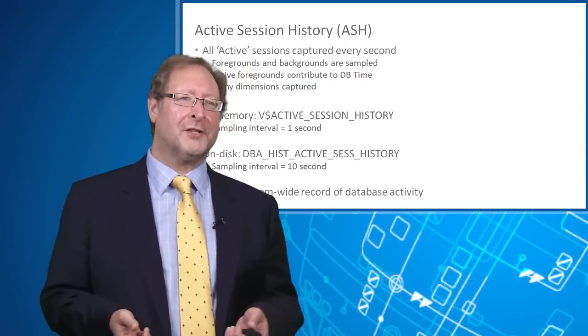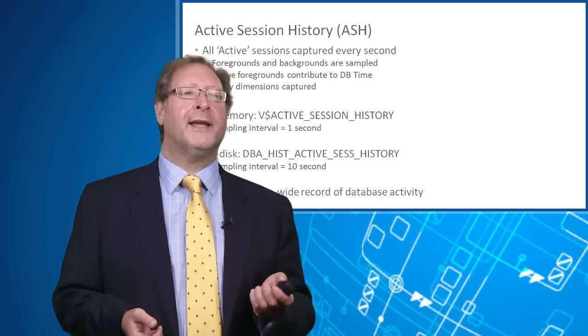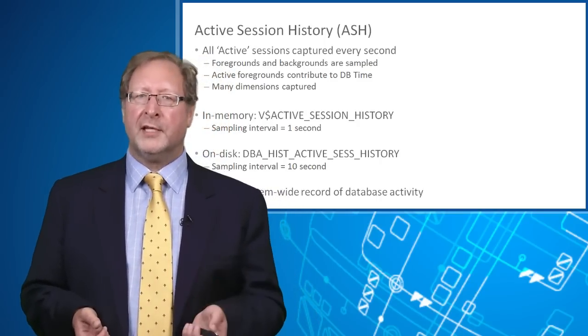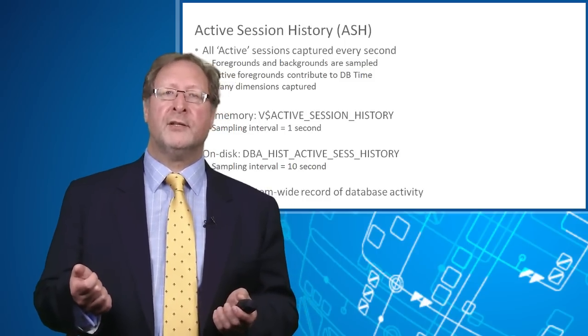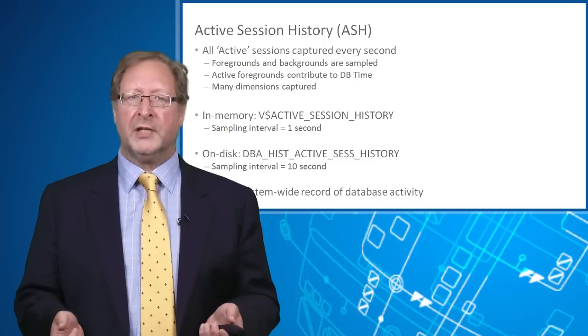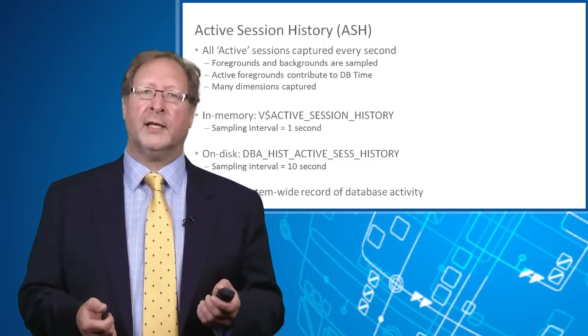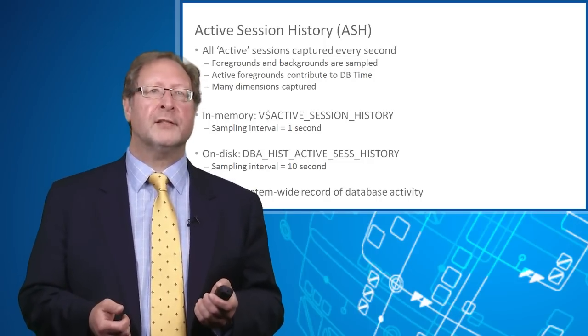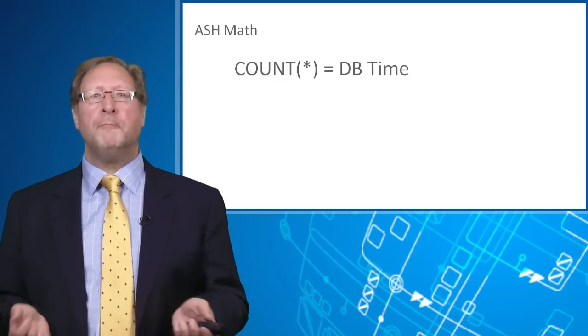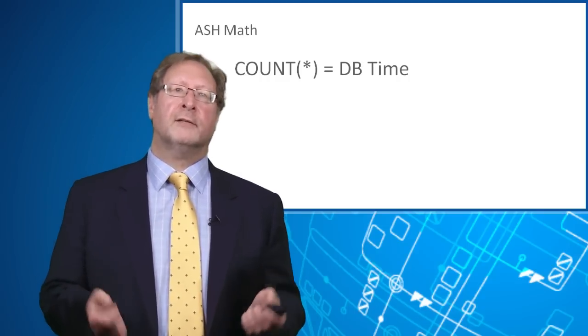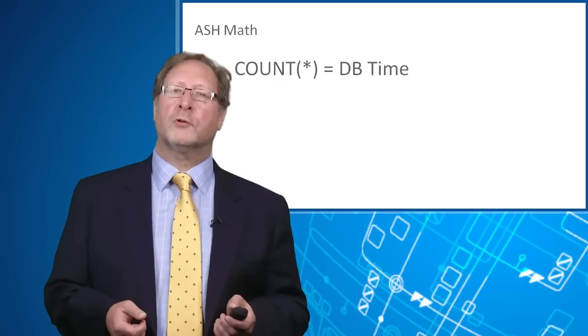But what ASH does is it gives us a very good idea of the database activity over time, and allows us to get into really quite a lot of detail about the activity in the database. How do we use ASH? Well, the simplest ASH math is count star equals db time.